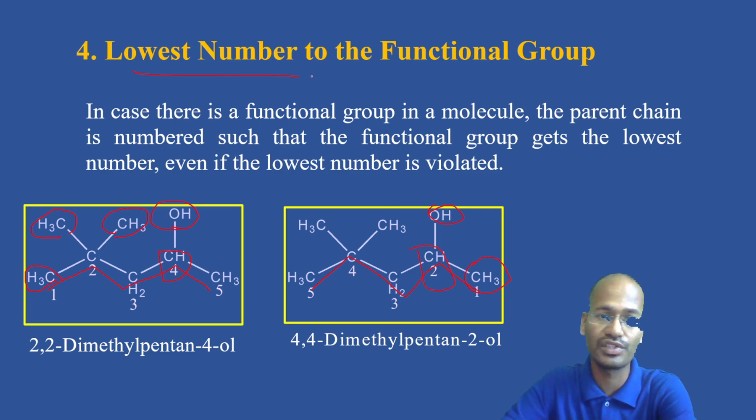And as per the lowest number to the functional group rule, this is a wrong one, and this is the right one. That is, 4,4 dimethyl pentane 2-ol is a correct one, and 2,2 dimethyl pentane 4-ol is a wrong one. So let's see the last rule.